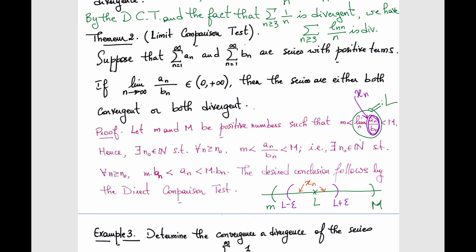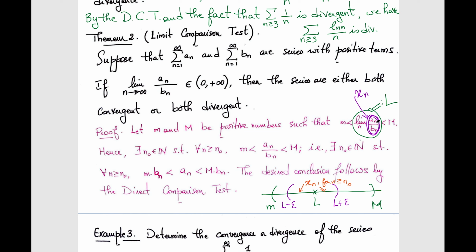I don't know where, but somewhere inside, from a certain rank on, for n greater than or equal to some number n_0. Correct? So x_n is somewhere here. Well, if x_n is somewhere here, certainly it's between little m and capital M, right? From this rank on.